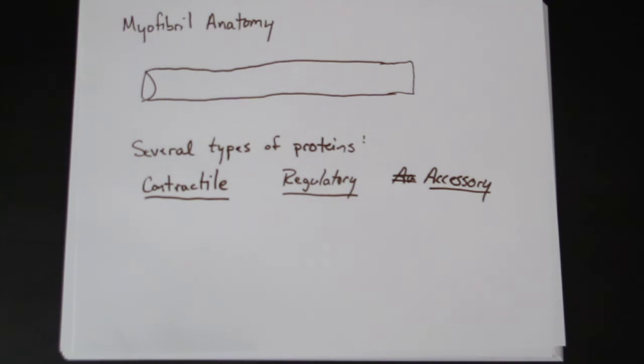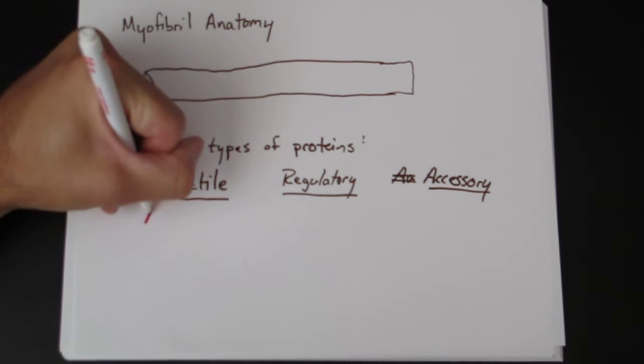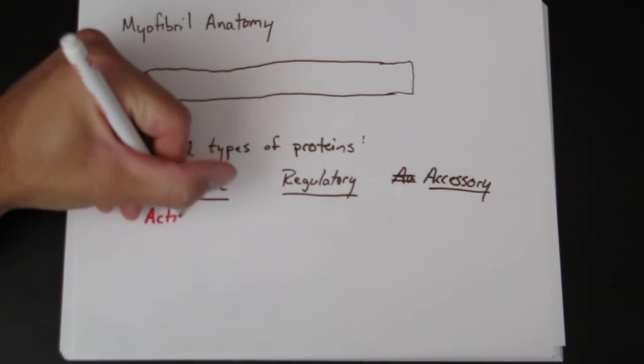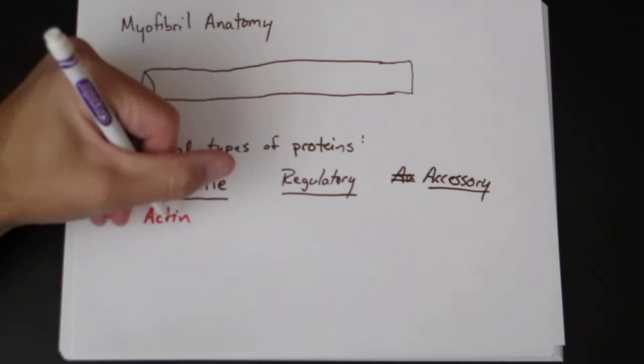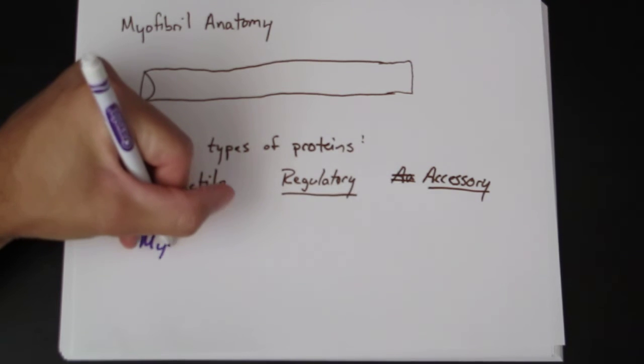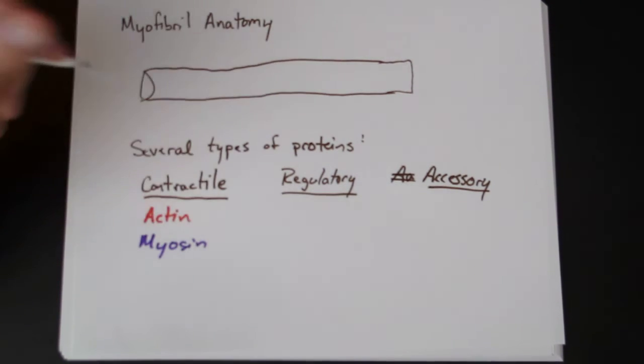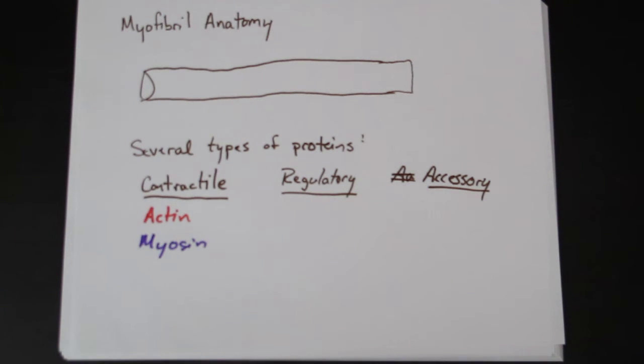Okay. Our contractile proteins are actin and myosin. We're going to talk about all of these, so we're just going to list them for right now. All right.